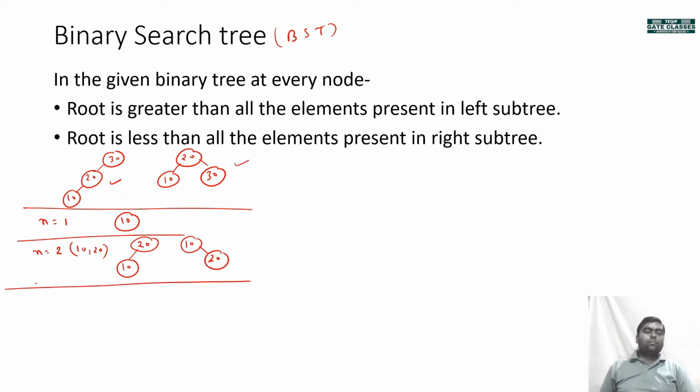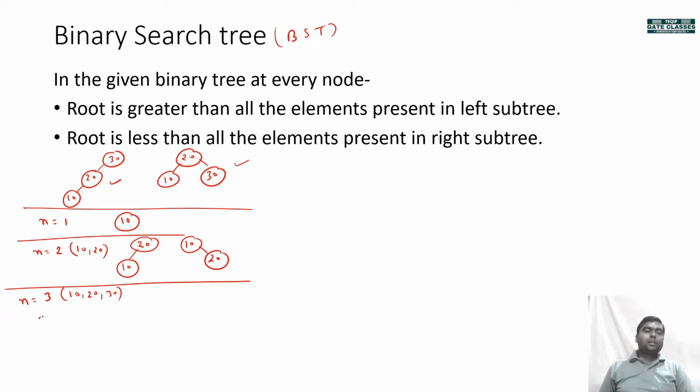So we are solving the number of BSTs. And for n equals 3, let us suppose the keys are 10, 20, and 30. So how many possibilities are there?